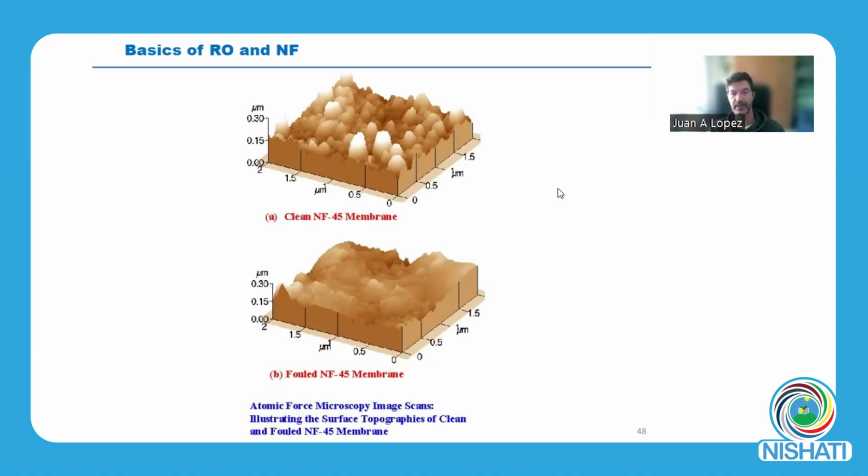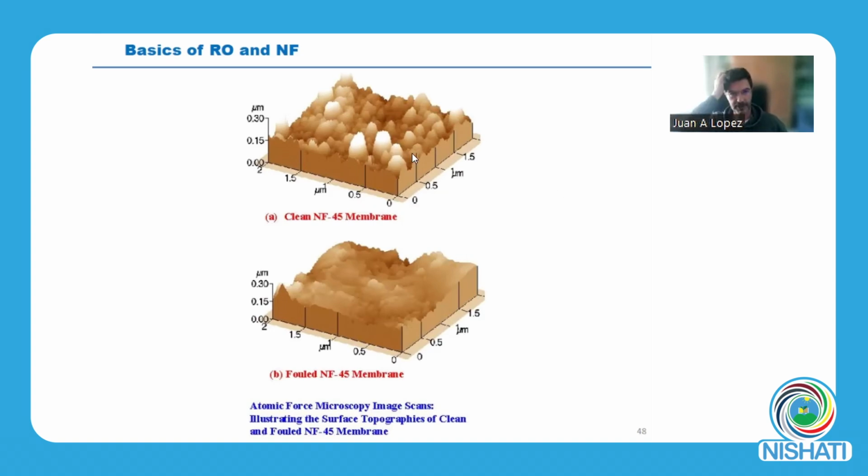So for aromatic polyamide membranes, fouling is an important issue because they tend to get fouled very easily. They're also very sensitive to oxidizers like sodium hypochlorite.